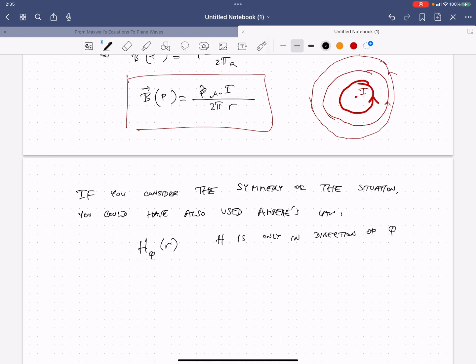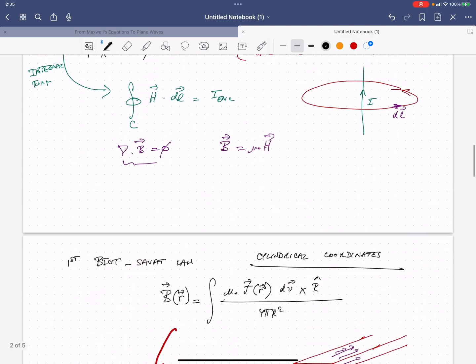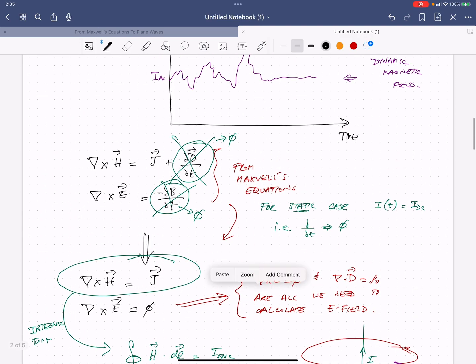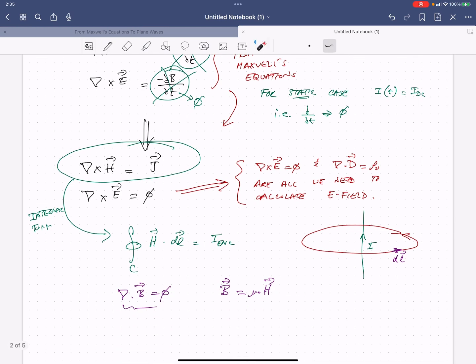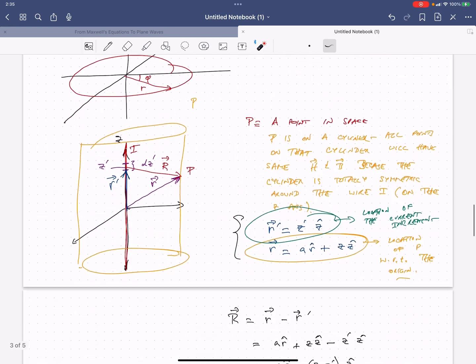Again, remember, we're in cylindrical coordinates, and it is only a function of r. So then you can use the integral form of Ampere's law.